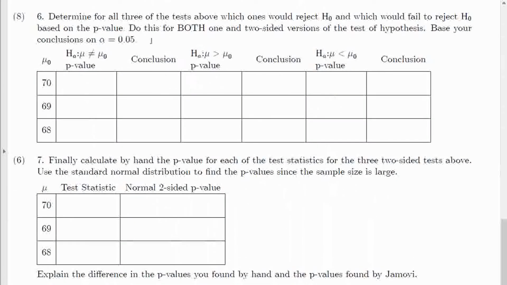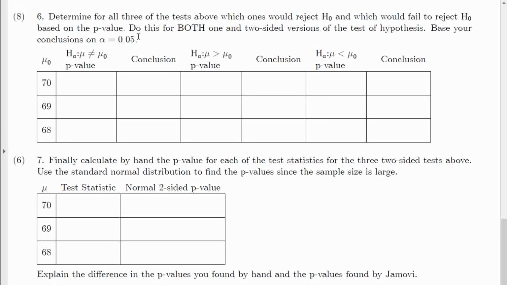And now we want to look at, for the 3 tests that we did previously, which ones would reject H0. So we've got a two-sided p-value here, a greater than and a less than p-value, and then what the conclusion is. So remember, if p is less than alpha 0.05, then you will reject.